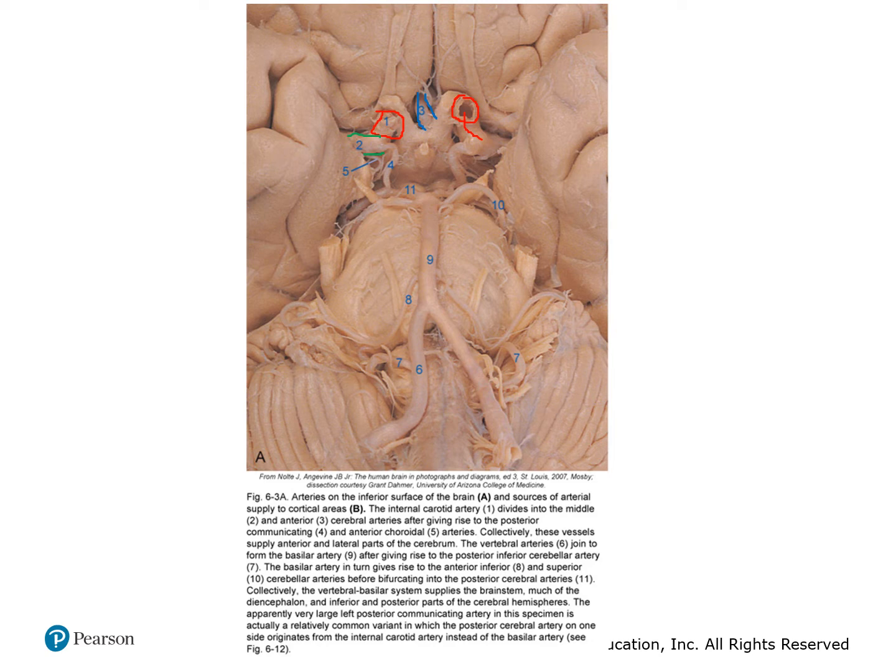I'm going to erase some of these so it doesn't get too crazy looking here. Number 4, this guy right here. See that little guy in here? Number 4, posterior communicating artery. Number 5, I'll use the dark blue.